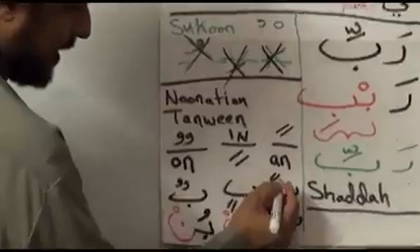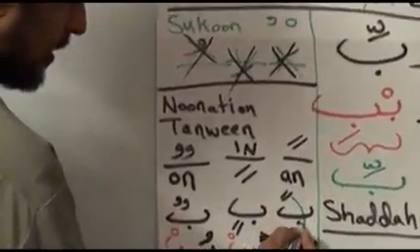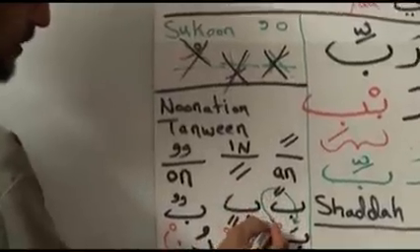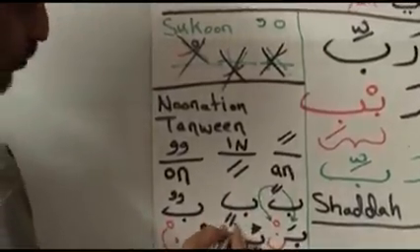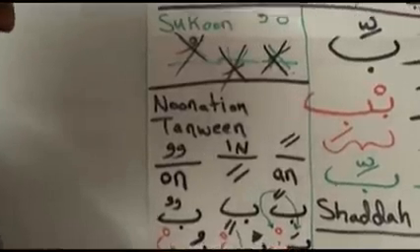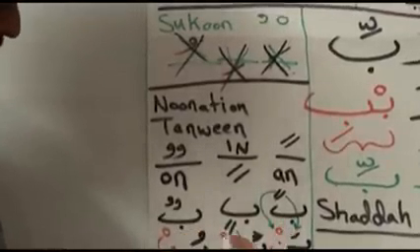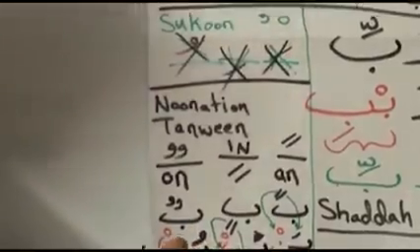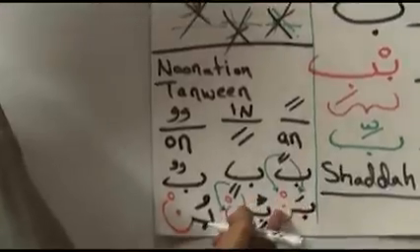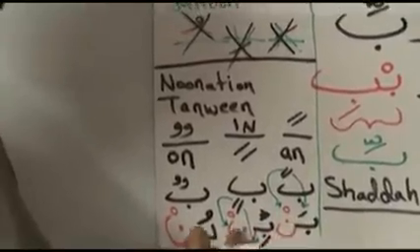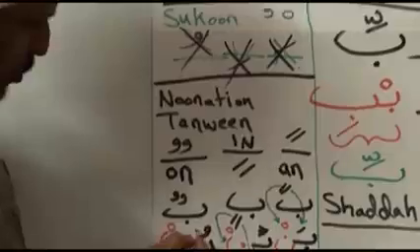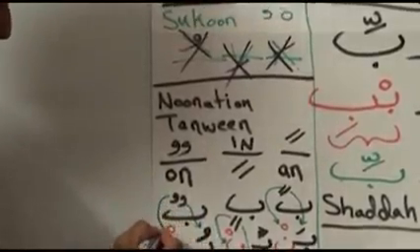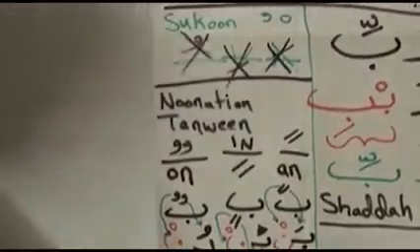One sign is ba, another sign is silent noon. One sign is B, the two kasras, two e sounds. Another sign is not an e sound, another sign is silent noon. So ba plus silent noon, ban. B plus silent noon, bin. Bu plus silent noon.